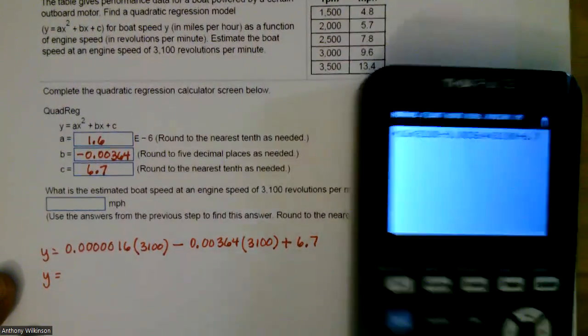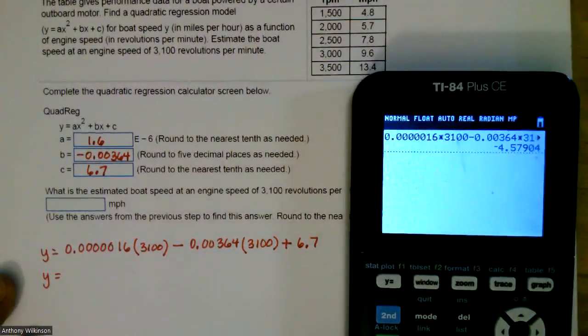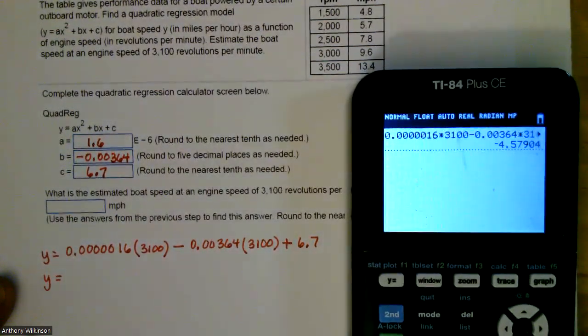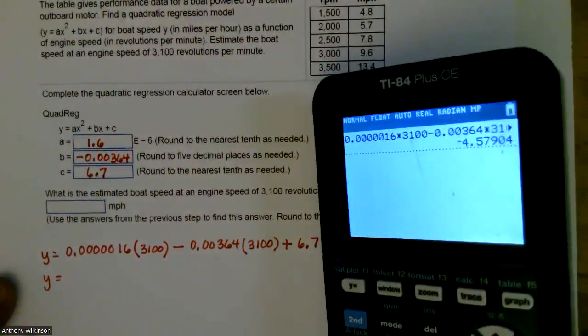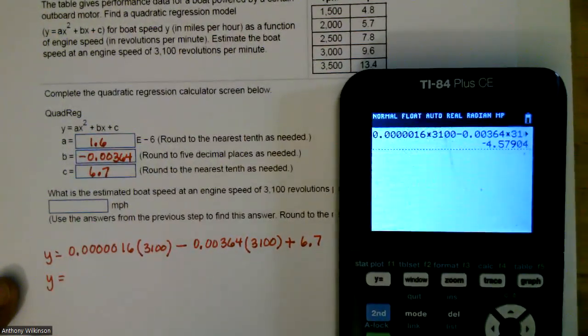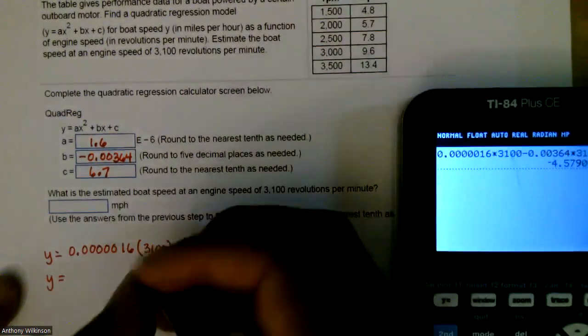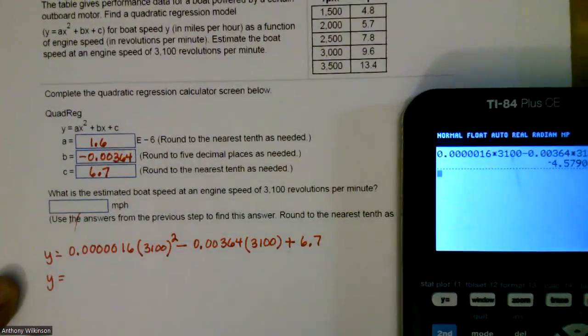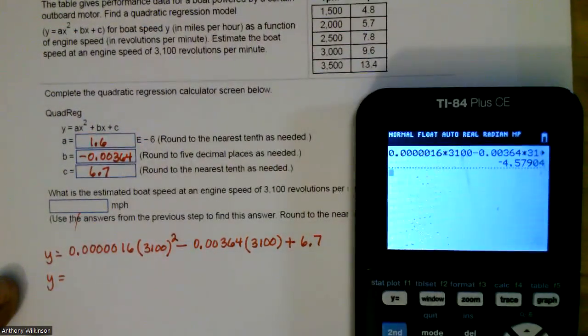Let's see, to the nearest tenth, it would be approximately, and I think I did that all wrong there. This needs to be squared. That's the problem, because it's a quadratic. Okay, so let's try that again.